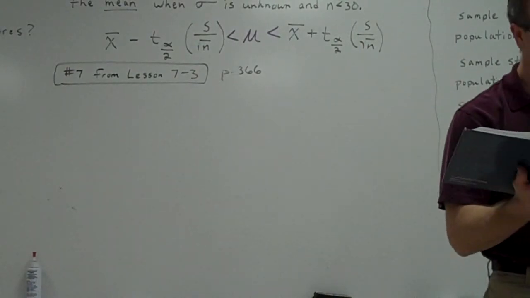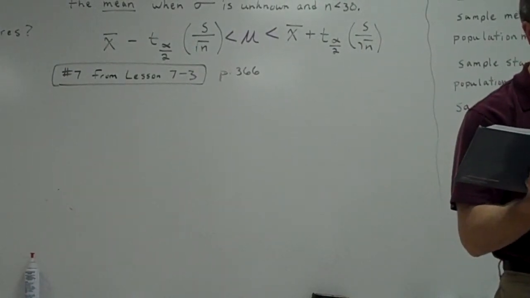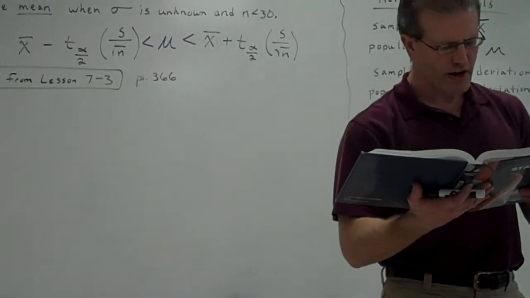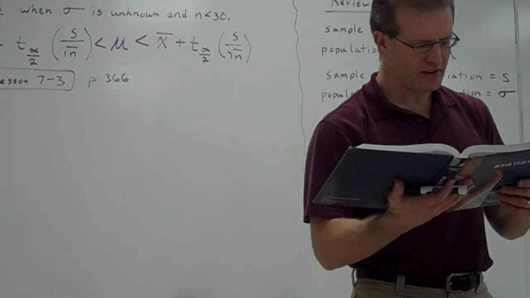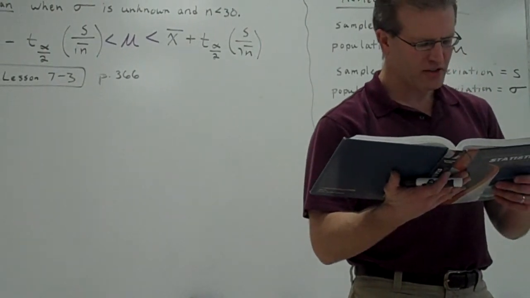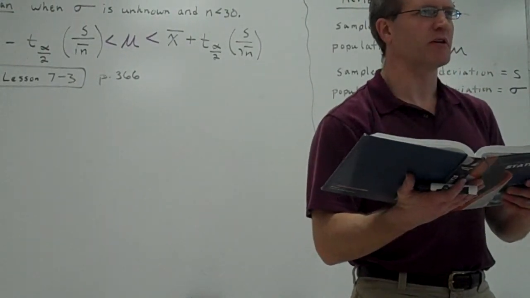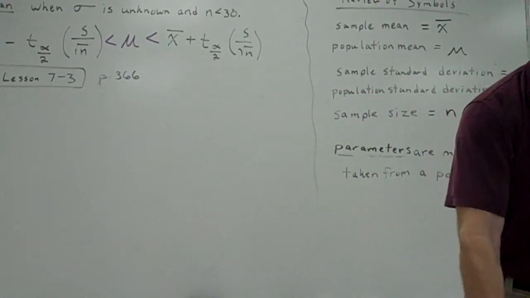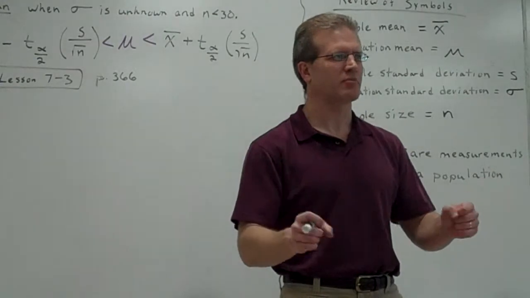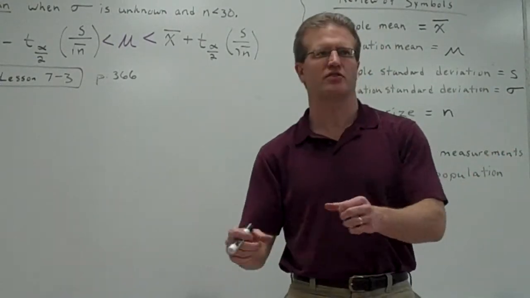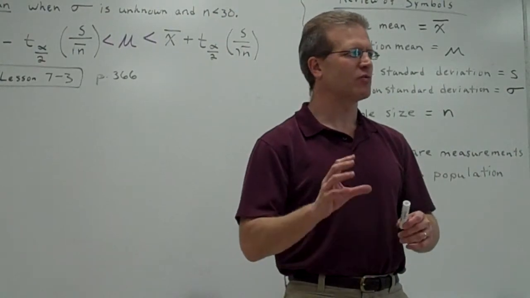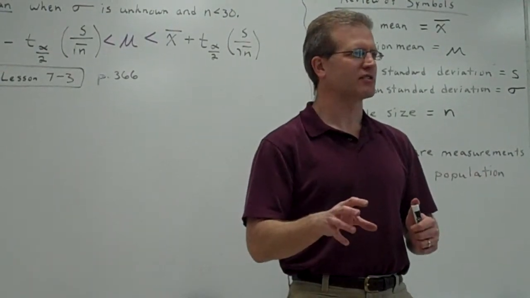A state representative wishes to estimate the mean number of women representatives per state legislature. A random sample of 17 states is selected. The number of women representatives is shown. Based on the sample, what is the point estimate of the mean? That's our first question. So they picked 17 states in the United States randomly. Maybe they picked Iowa and Alabama and Arkansas and Alaska. They randomly picked 17 states and they looked at how many women were in their state legislatures.